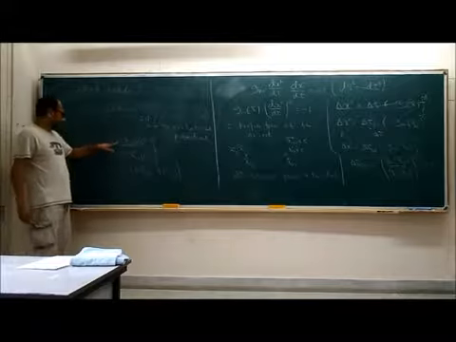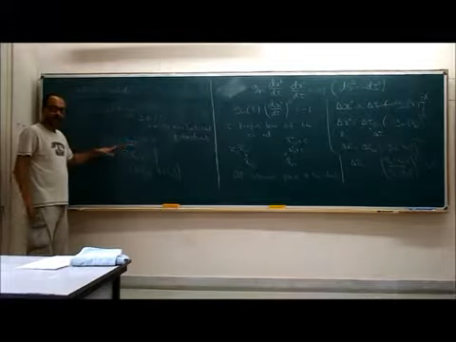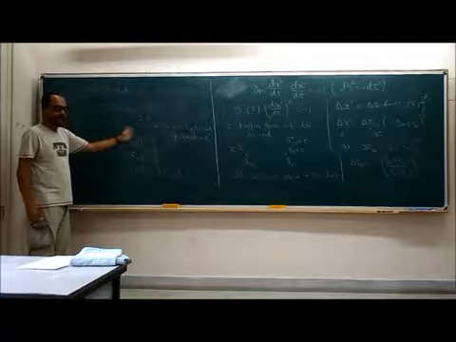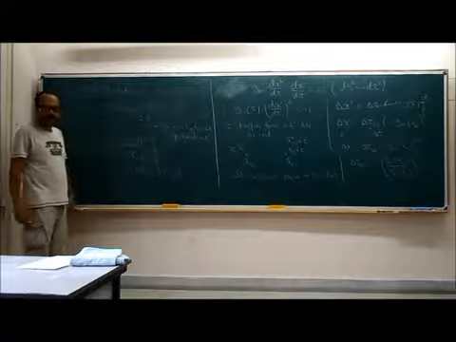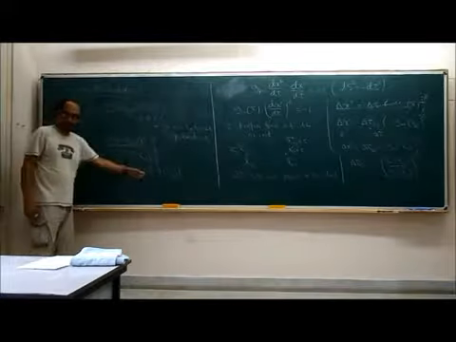I have just taken phi over c square to be small, and then expanded. We have done a Taylor series expansion, and this is the first term of the Taylor series.